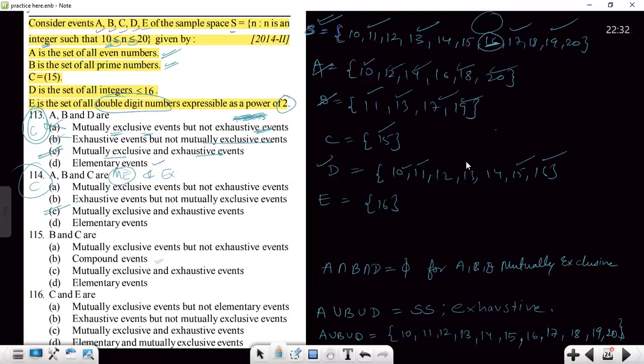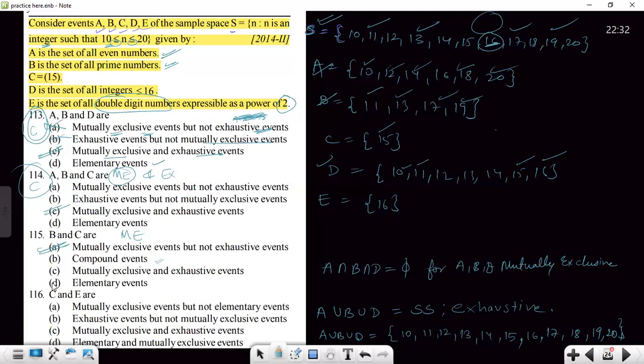B and C, yes, they are mutually exclusive because they do not have anything in common. Now let's talk about their union set: 11, 13, 15, 17, 19 is not equal to the sample space. So they are not exhaustive events. A option is correct.